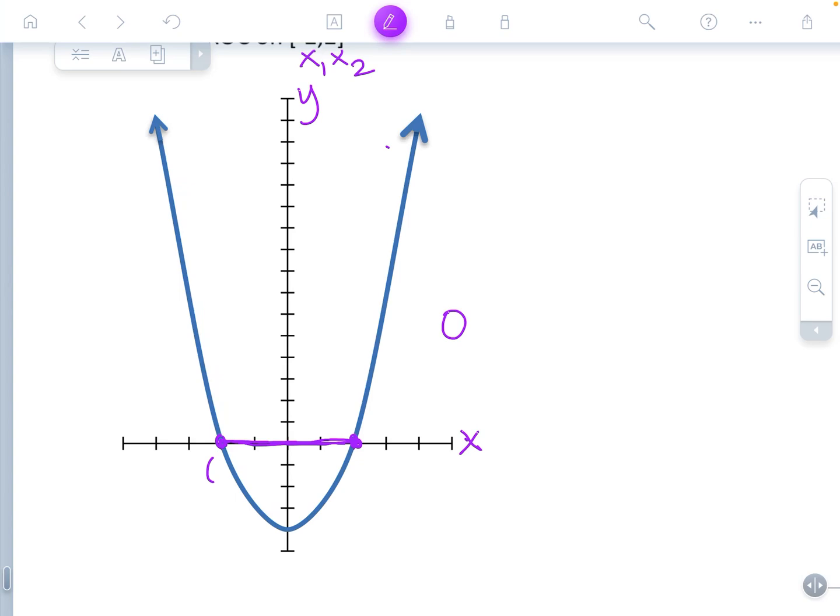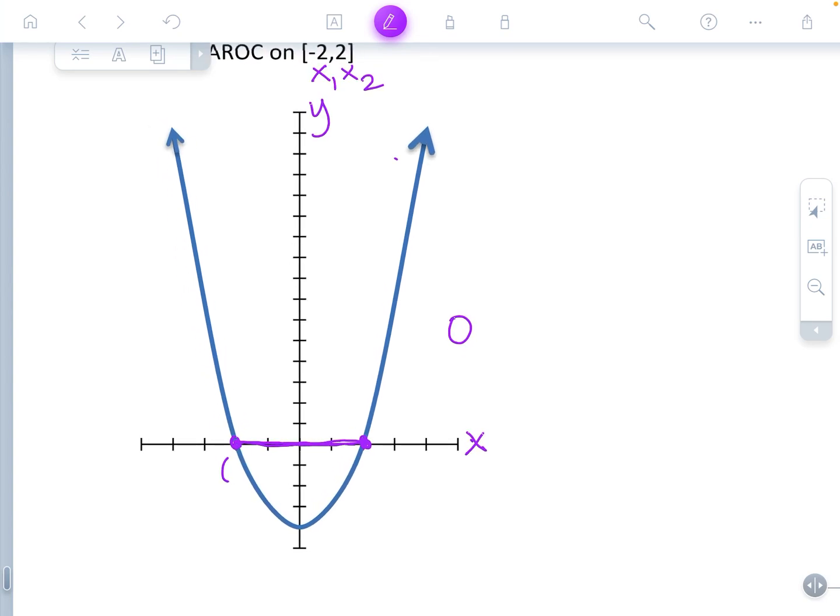So now I'm going to show you the formula way. If you don't look at it and go, yeah, that's a slope of 0, we could do the formula. Okay, so I'm going to find out what these points are. This one's -2 and the y value is 0. And this one is 2 and the y value is 0. Now I'm going to plug it into my formula. So y1 minus y2 over x1 minus x2.